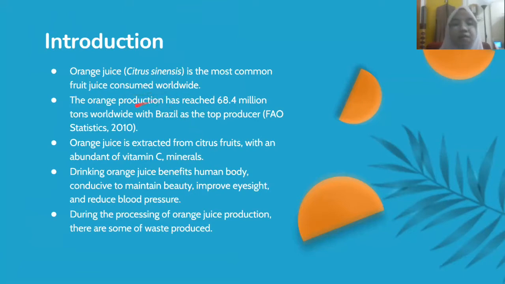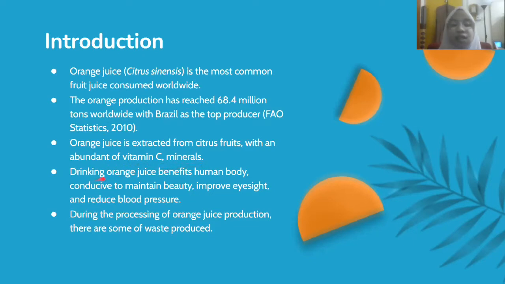Orange production has reached 68.4 million tons worldwide, with Brazil as the top producer based on FAO statistics 2010. Orange juice is extracted from the orange fruit, which has an abundance of vitamin C and minerals.